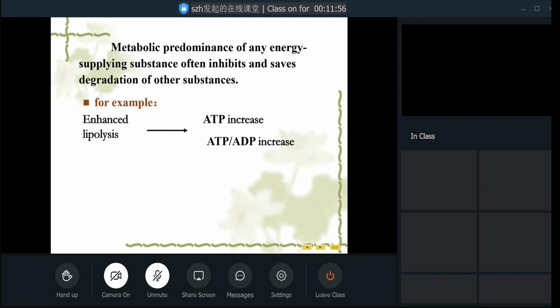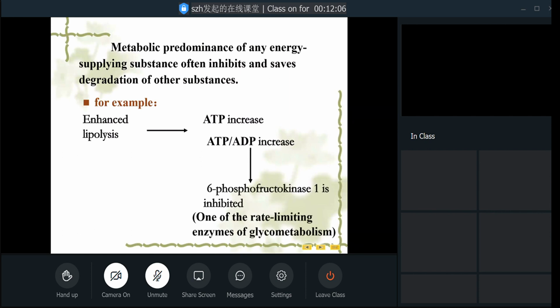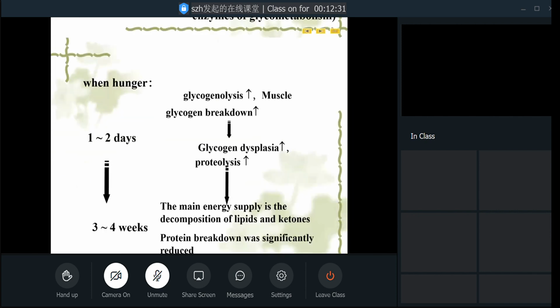For example, when lipolysis increases and ATP production increases, at that time carbohydrate metabolism is restricted and 6-phosphofructokinase 1, the number one enzyme in glycolysis, is inhibited. We studied this already. So at that time, decomposition of the sugars is inhibited.